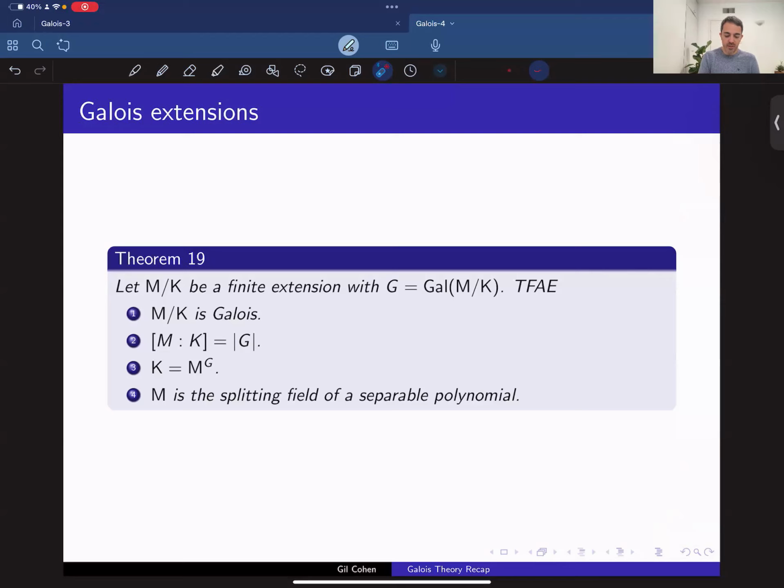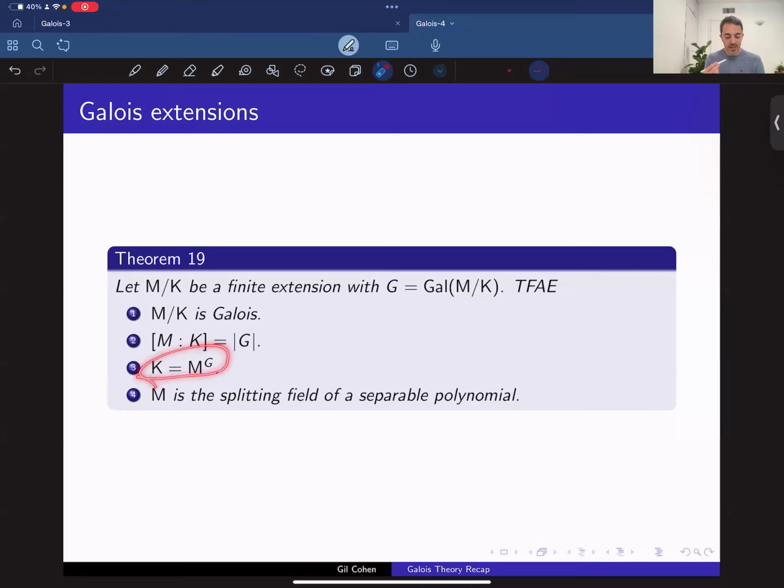So you see here there is no reference really to normality or separability. It's something about the way the group and the fields are related, the field extensions are related to each other. So in a sense, this is a more natural definition. It's an extreme extension in the sense that you get equality rather than inequality.